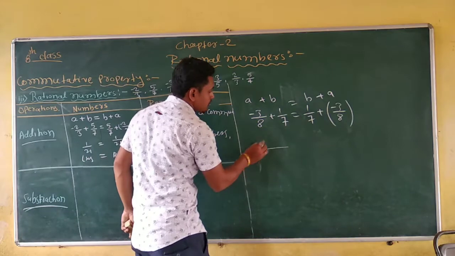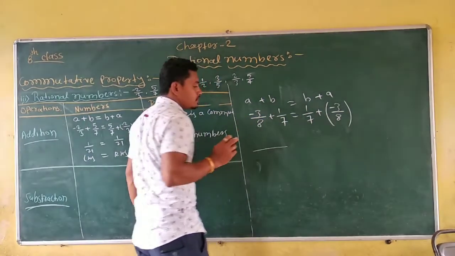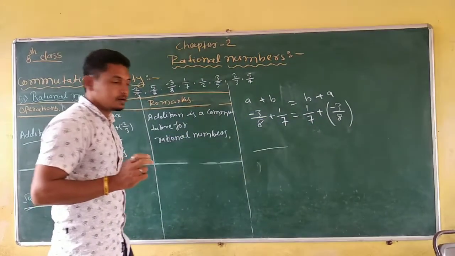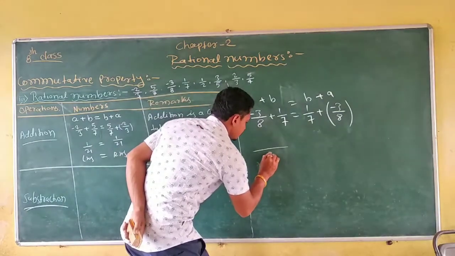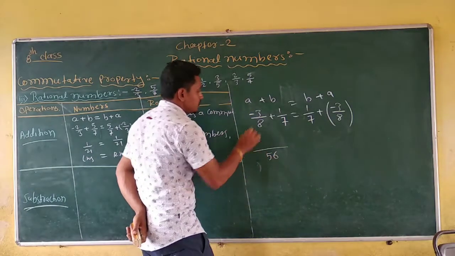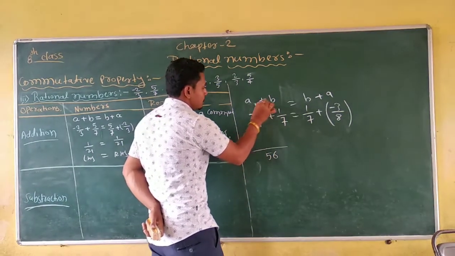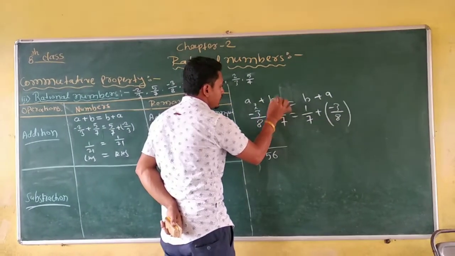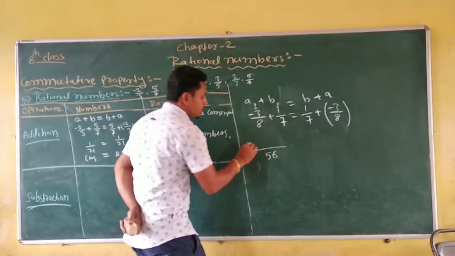Here the LCM of 8 and 7 is 56. So multiply here by 7 and here by 8.